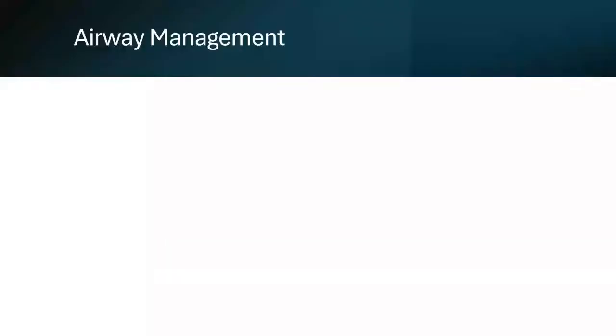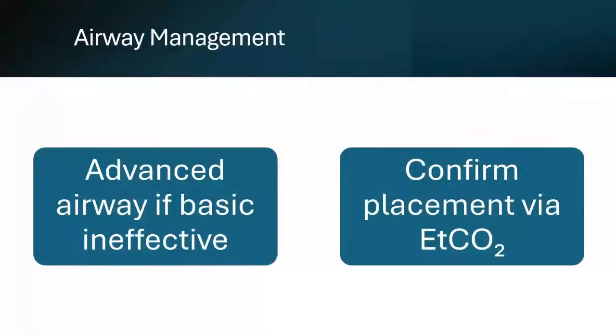You guys have i-gels for your supraglottics, okay? And then, of course, the advanced airway would be the ET tube. That's going to be the definitive airway. And then how to confirm placement. Like we talked about earlier, end-tidal CO2 waveform capnography is the best metric for confirming adequate ventilation.